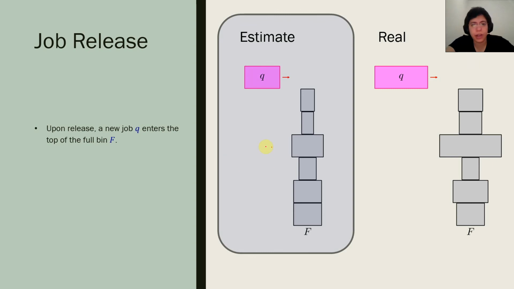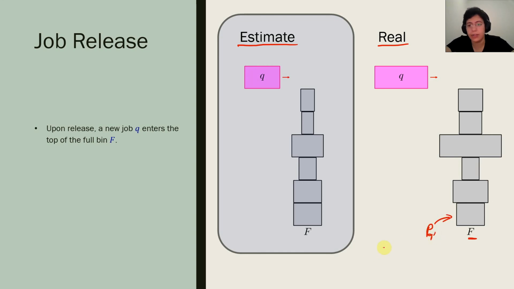Now, the way the job release works is as follows. You have here 2 visualizations of the same state, but this one is the real one and this is the estimated one. Since we're looking now at the full bin F, where no job is being processed, the width of jobs, their remaining processing time, is actually their initial processing time.